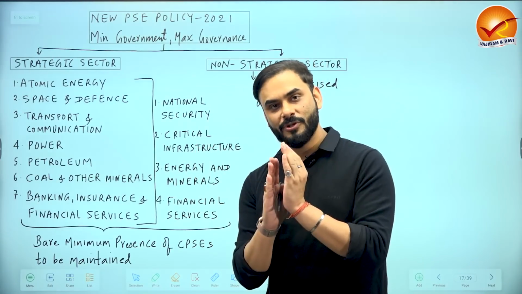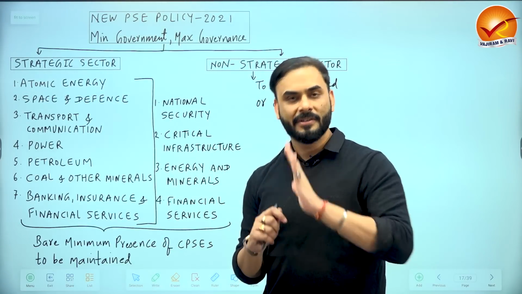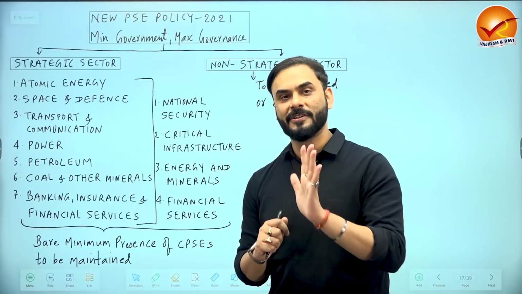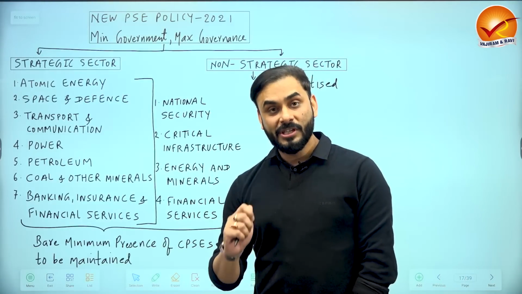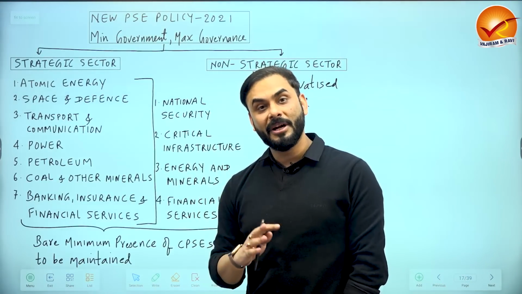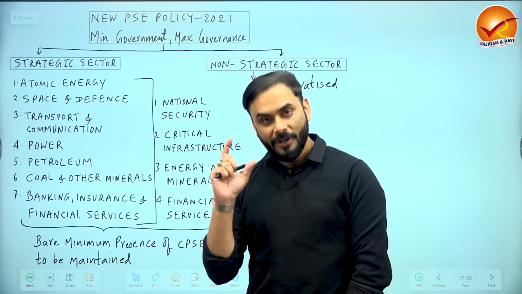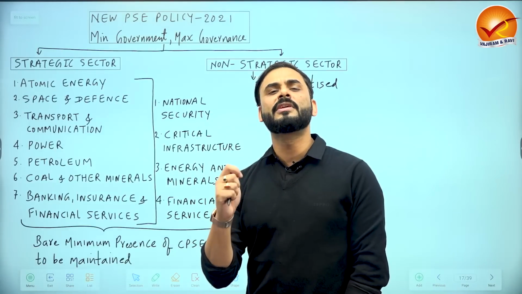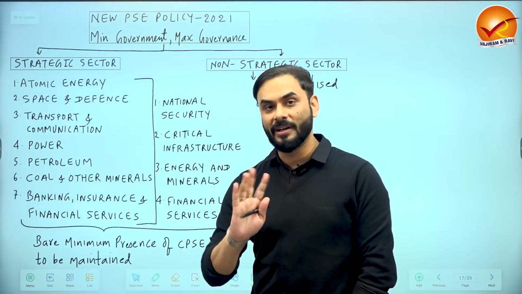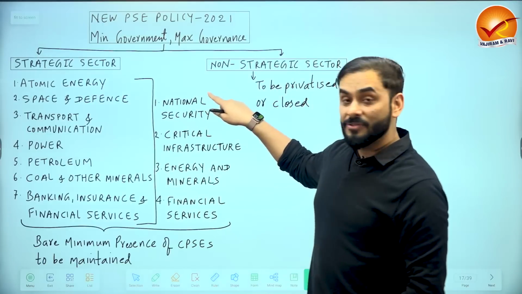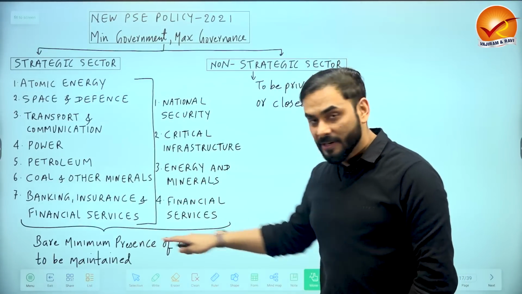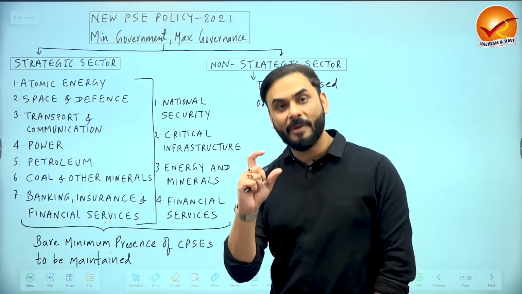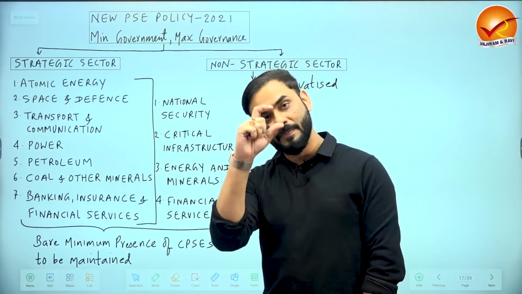We will reduce it to hardly 1, 2 or 3 government companies. So in the field of national security, if there are 25 government companies working, government says we will reduce the number to 1, 2, 3, 4, not more than that. So the government is trying to reduce its presence in the strategic sector, and the number of public companies in the strategic sector will be minimized.